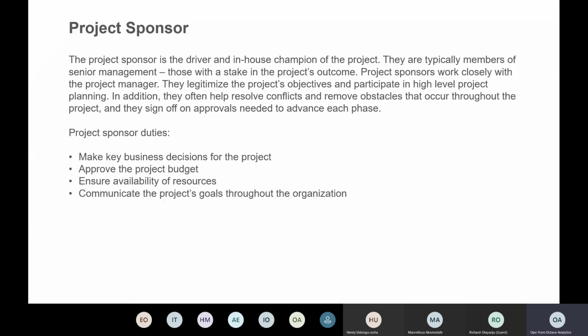And your project sponsors are like your upward key stakeholders, because you need to be visible to them. They are the ones paying the money. They are the ones championing the project. They are the drivers of your project. They have a stake in your project's outcome.